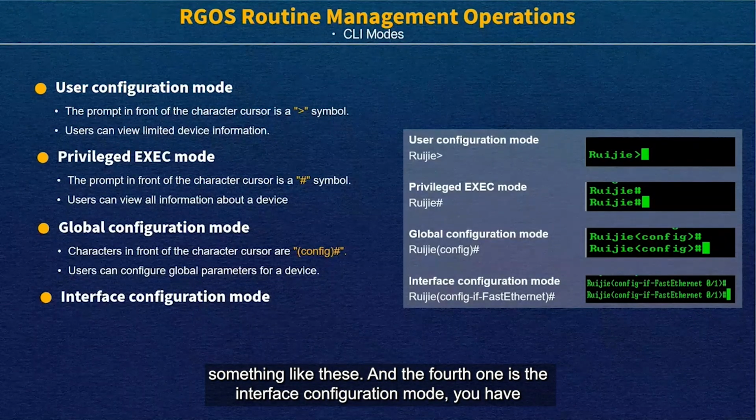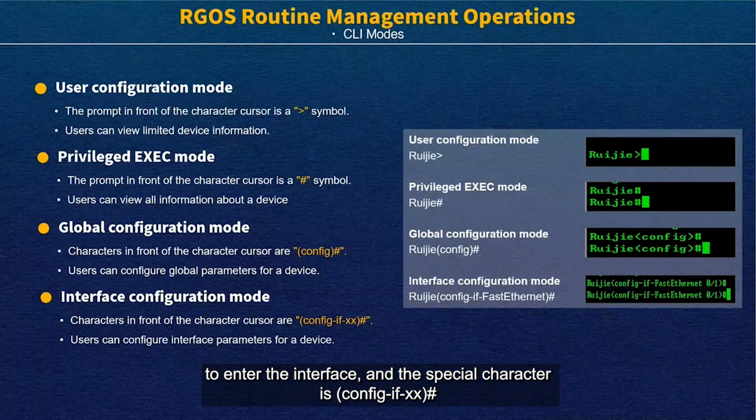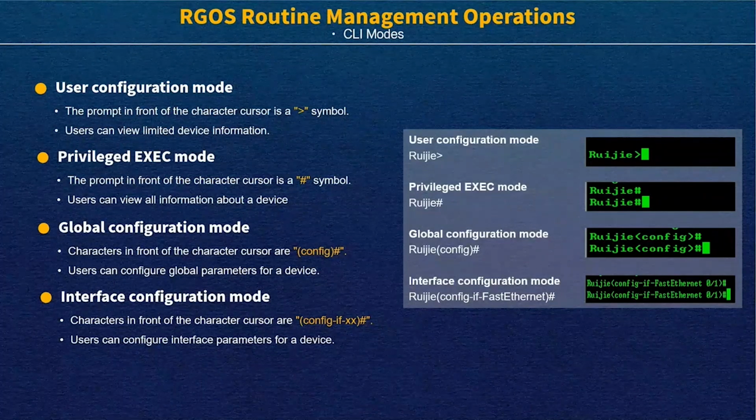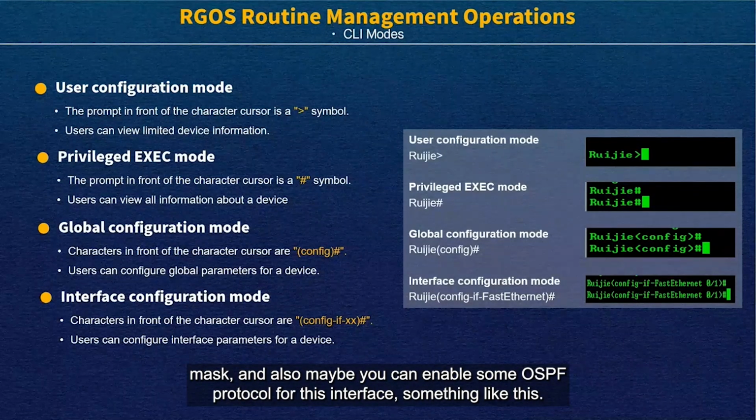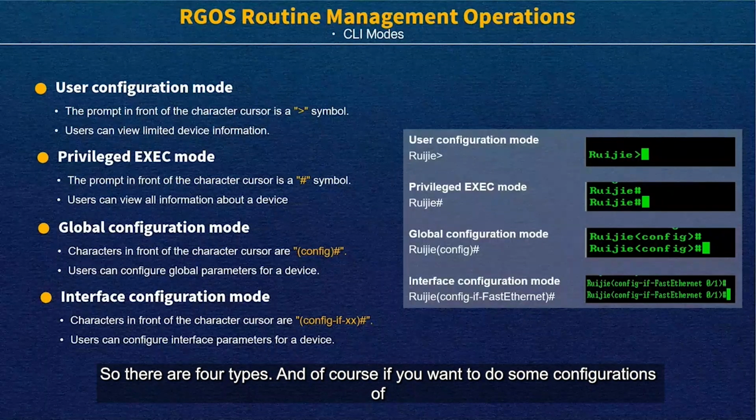You have to enter the interface, and the special character is config-if and the specific interface type. In this mode, you can configure the interface, like the IP address and the mask, and you can also enable the OSPF protocol for this interface. So there are 4 types.